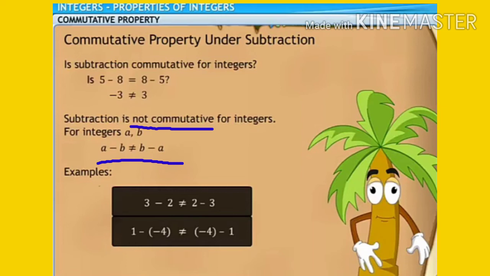So the answer is not the same when the order of integers changes. Therefore, changing the order of integers in subtraction will not give the same value. Hence, the commutative property does not hold for subtraction of integers. Therefore, for any two integers a and b, a minus b is not equal to b minus a.